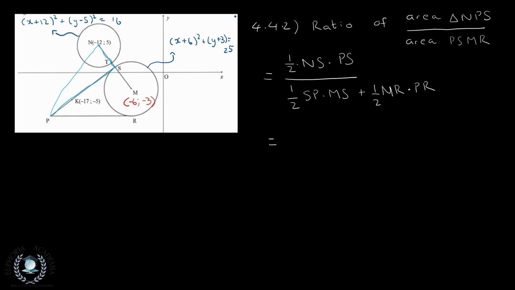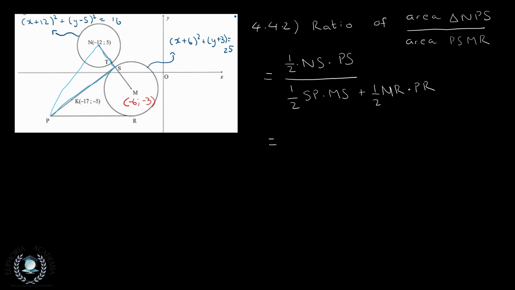Okay, so let us just substitute what we know for sure. I'm not going to write these halves because half divided by half is 1, so they're going to cancel each other.